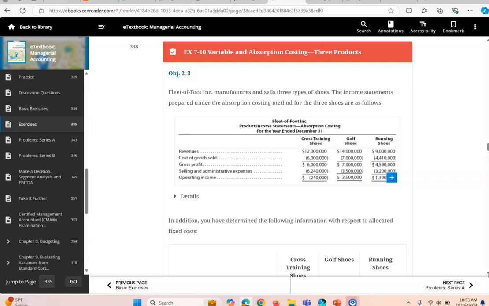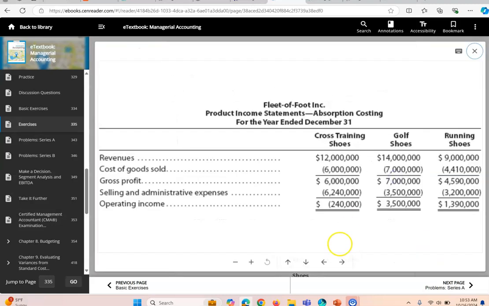Fleet of Foot Inc. manufactures and sells 3 types of shoes. The income statement prepared under the absorption costing method is shown right here. You see the cross-training shoes, the revenues are $12 million with our cost of goods sold and our selling and admin.